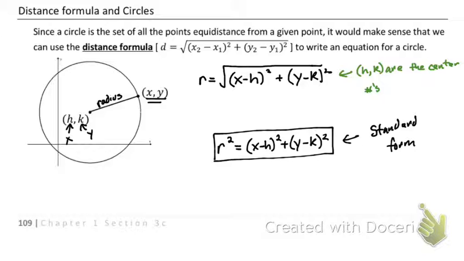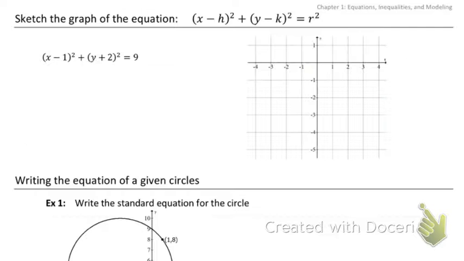Once again, x and y are going to be our variables. R, h, and k should all be numbers if I want to have that circle defined. So x and y variables, r, h, and k are going to be our numbers or our constants. All right, so that's the formula we're going to use throughout the rest of this lesson.